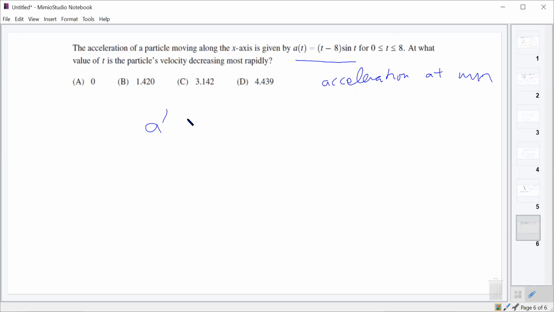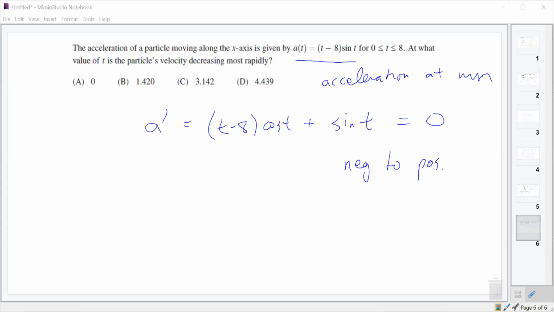The derivative of the acceleration is t minus 8 times cosine t plus sine t, just using the product rule there. And so we want to know when that is equal to 0. Since we're talking about a minimum, we want this derivative, this a prime value, to go from negative to positive on the interval from 0 to 8.